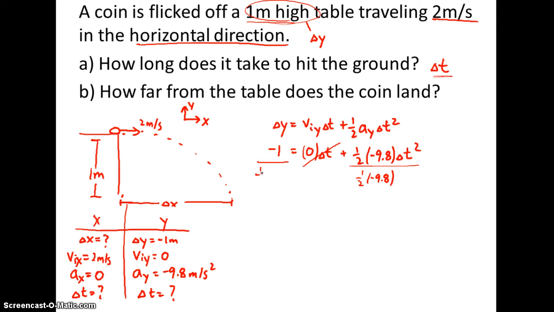I'm almost done. Now I have delta t squared. These divide to give me 1. So now I've got delta t squared is negative 1 all over 1/2 times negative 9.8. So to find t, I need to take the square root of that number.